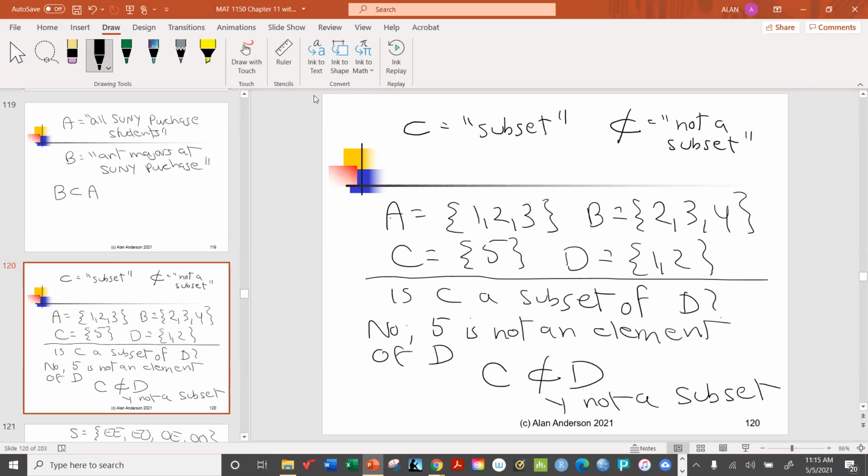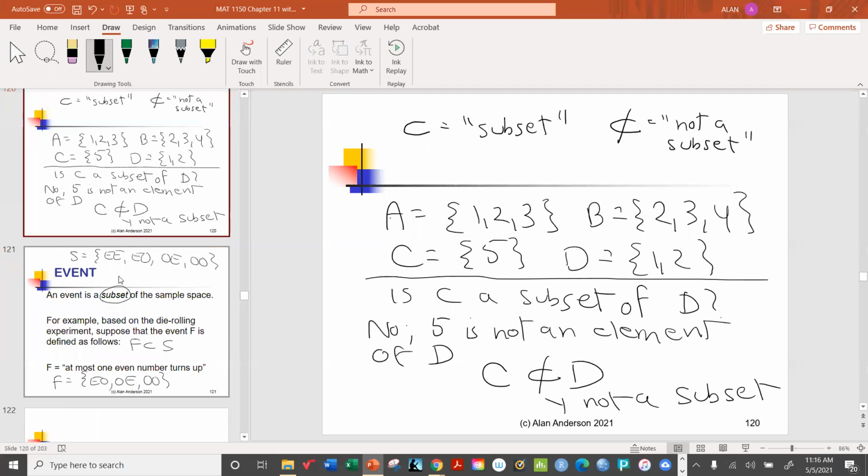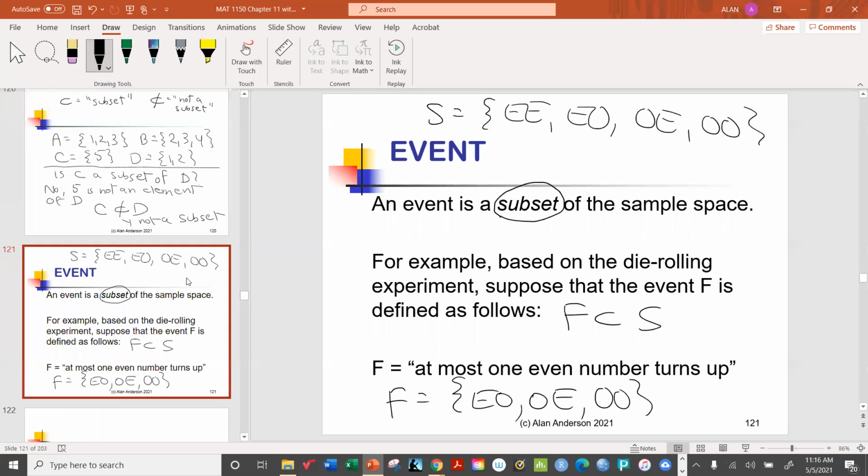All right, so now that's what we needed to review here. And then what we need to do is introduce the concept of an event, which is itself simply a subset. All right, so the basic principles of set theory are what's determining all of the results in probability theory. So therefore, we're going to introduce this concept of an event, and an event is defined as a subset of the sample space, and it could be literally anything.